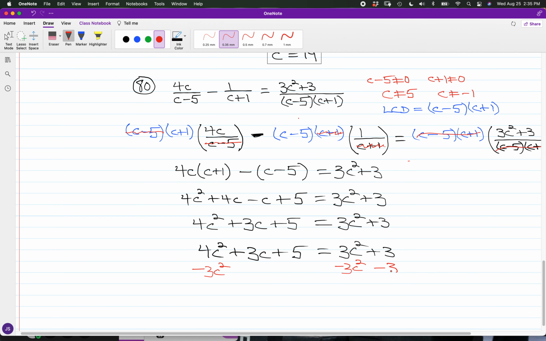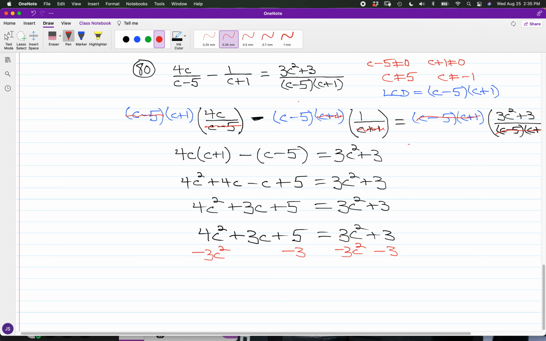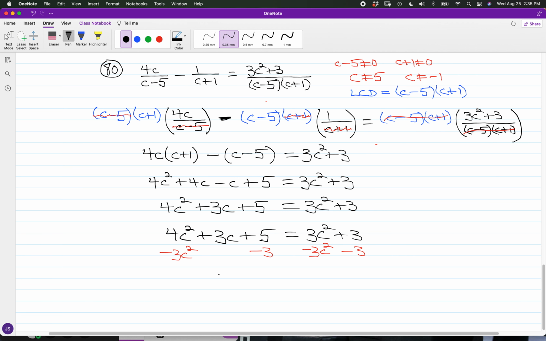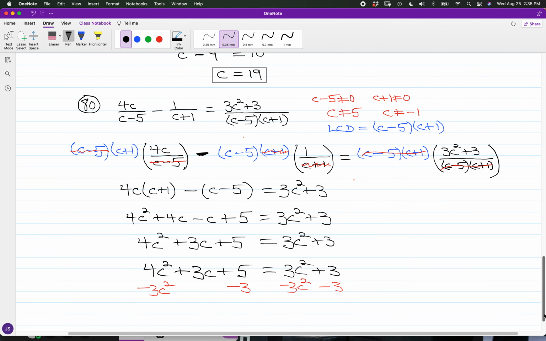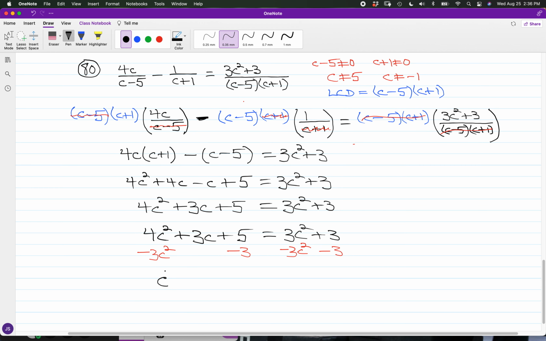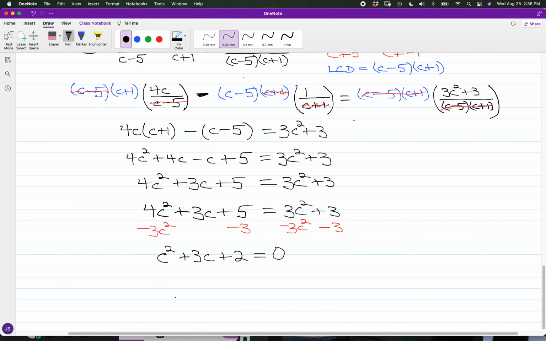Go ahead and subtract that from both sides, so I can have the right hand side of the equation be 0. In the rewrite, we have 4c squared minus 3c squared becomes c squared, plus 3c, 5 minus 3 is 2, and the right hand side becomes 0. So we have c squared plus 3c plus 2.